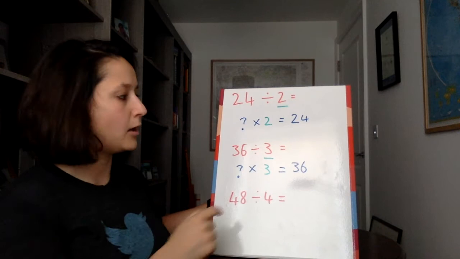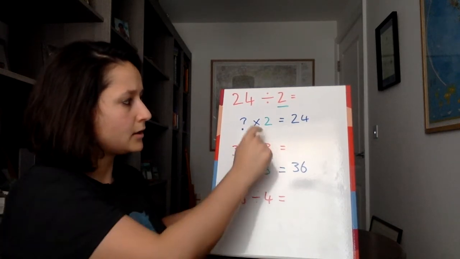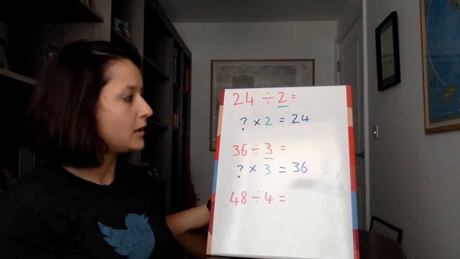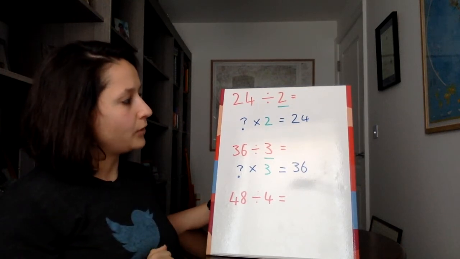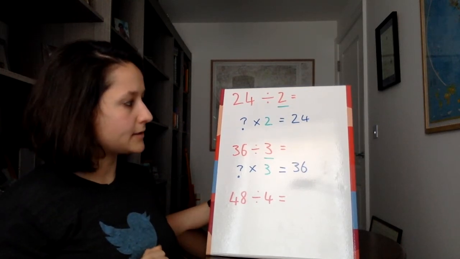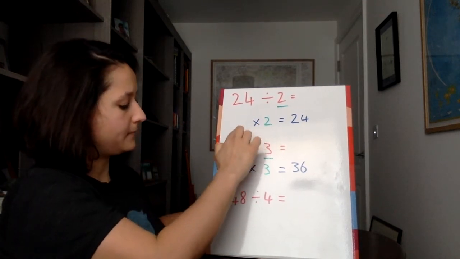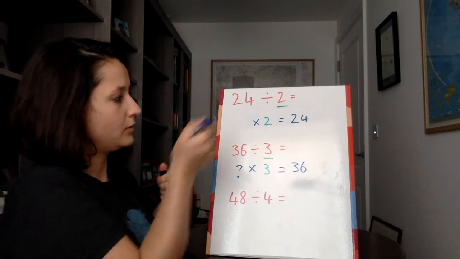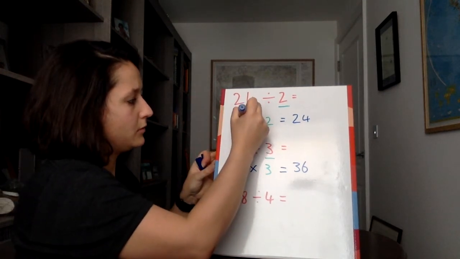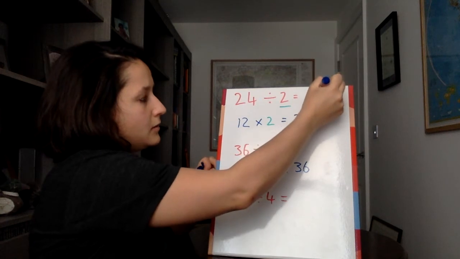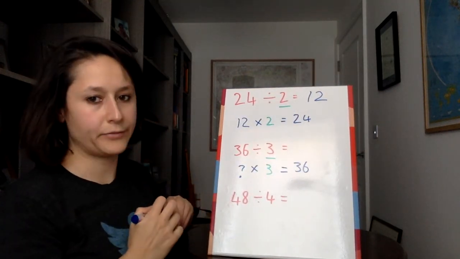And what that then becomes is something times 2 equals 24. So we know that 12 times 2 is 24. And that gives us the answer of 12.